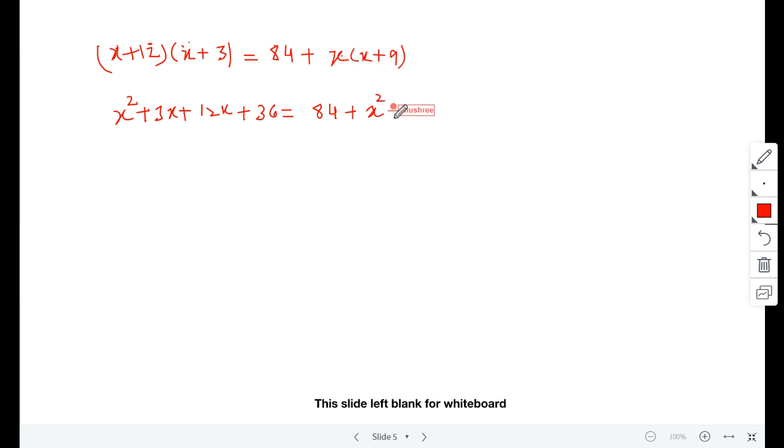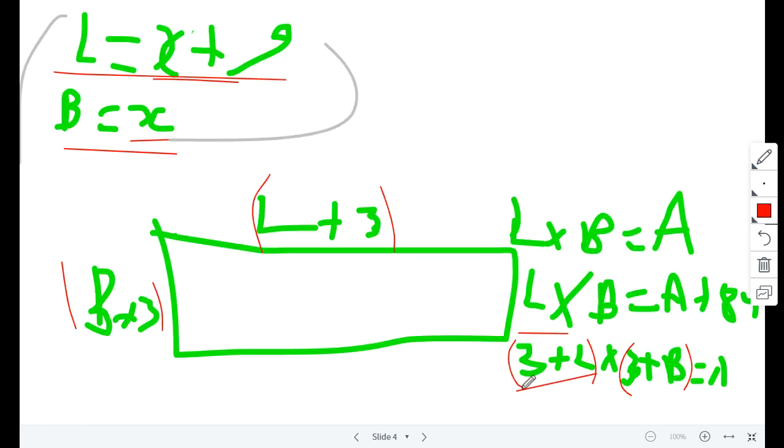In last lecture, I told you how to multiply these. You can open that one. Remember? But I understand all of that, but I don't understand why this part here. You yourself wrote here, right? 84 plus a. It was 84 plus a. This is a, the original area. Original area is x plus 9 multiplied by x.